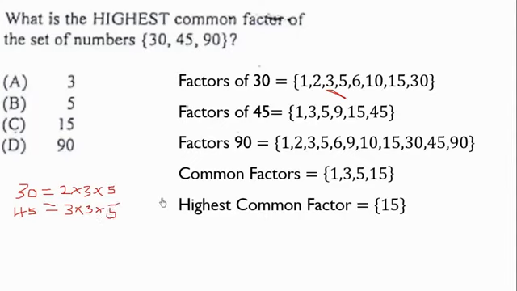Then we know that 90 is the same as 3 by 3 by 2 by 5.